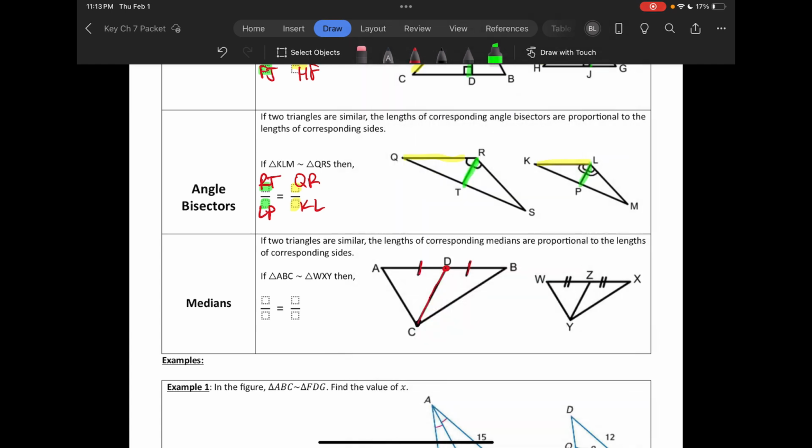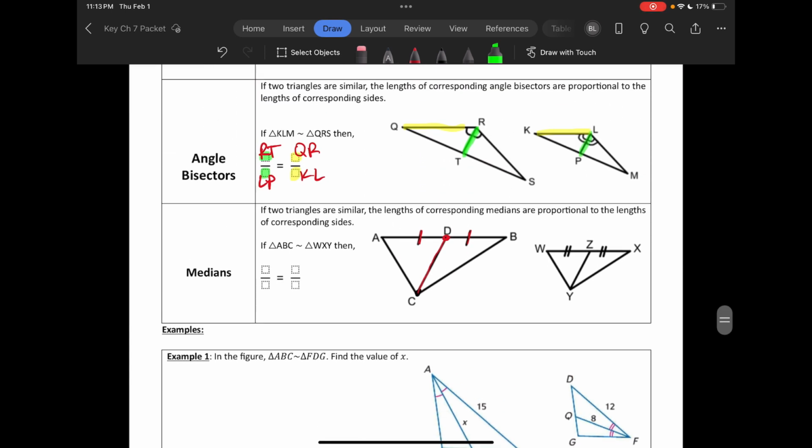If we have similar triangles, then the corresponding altitudes, in this case CD over YZ, I said altitudes, I meant medians, sorry, the corresponding medians here are going to be proportional to one pair of those corresponding sides. Technically all of the pairs of corresponding sides, but I only need one to set up a proportion. For this one, let's pick something different. Let's pick BC. If you want to double check, BC corresponds to XY.